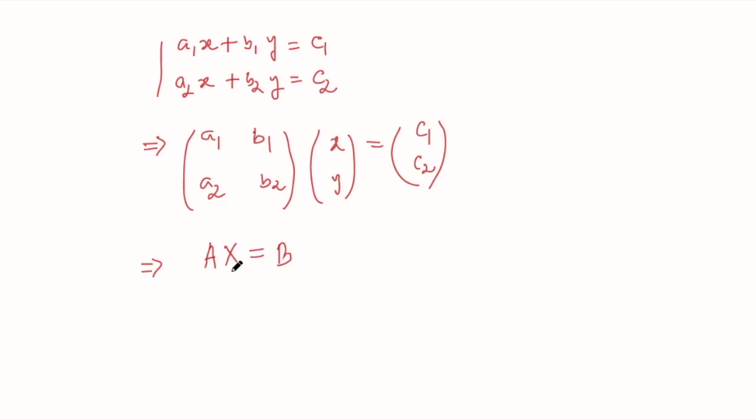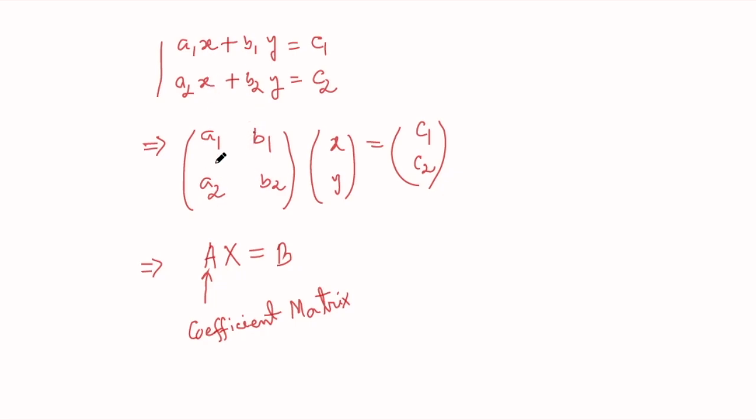So here A is called the coefficient matrix, since the components of A are the coefficients of x and y.